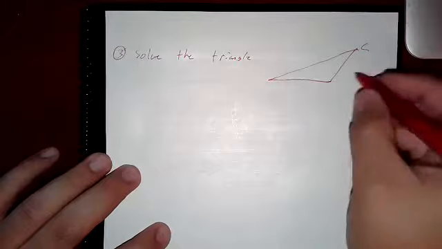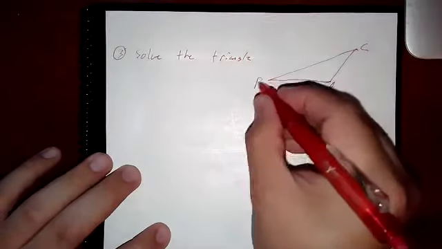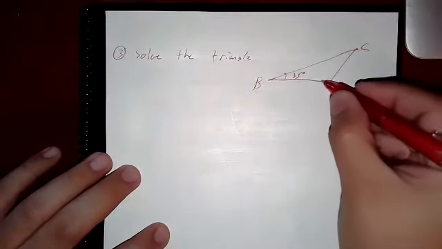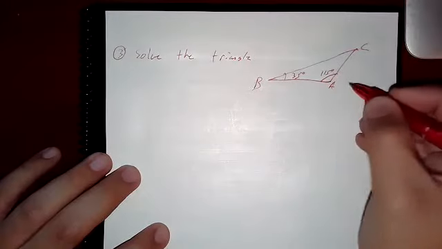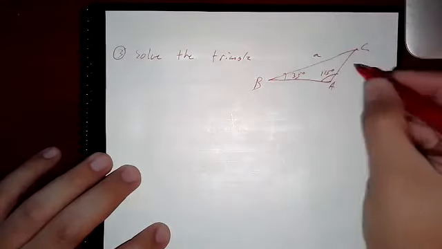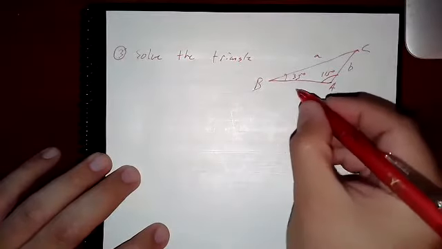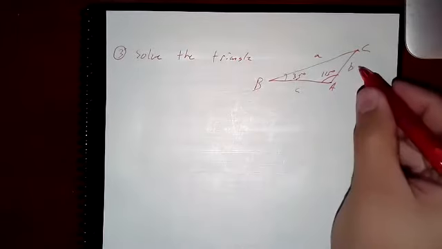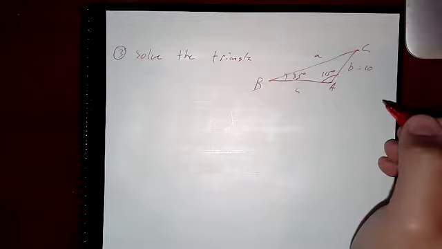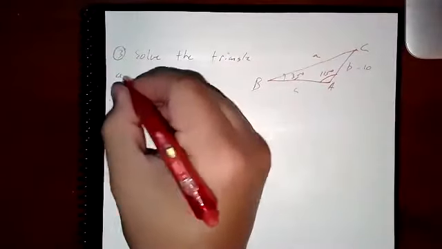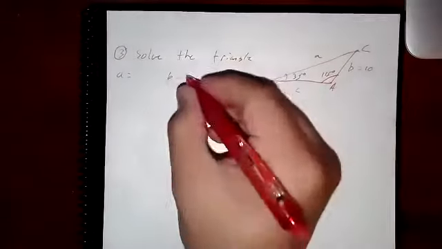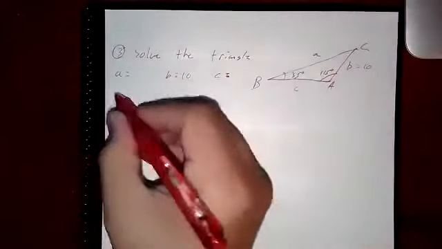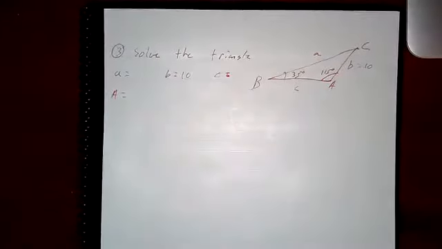Okay, C is over here on their picture. This is 35, 115, little a, b, c. Okay, so they don't give us any, oh, they do. They give us b, 10. So I don't know what little a is, b is 10, c is something. Angle A is 115.